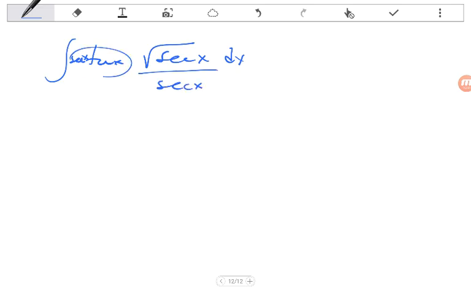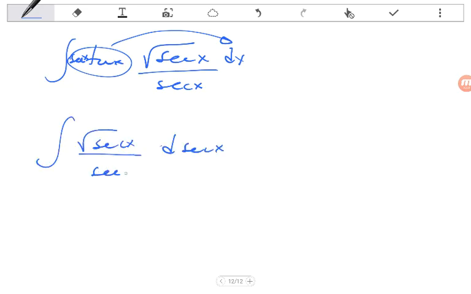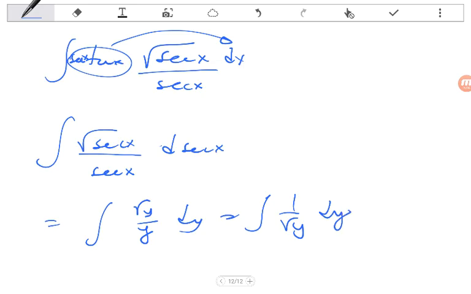Now I can take sec x tan x after the d, which is d sec x, root sec x divided by sec x, which is integration of dy root y over y, which is solvable also. 1 over root y dy. After simplification it will be 2 double the root. Okay.